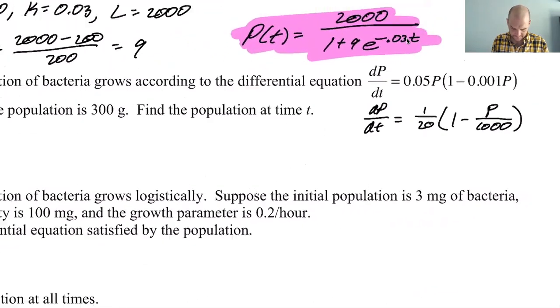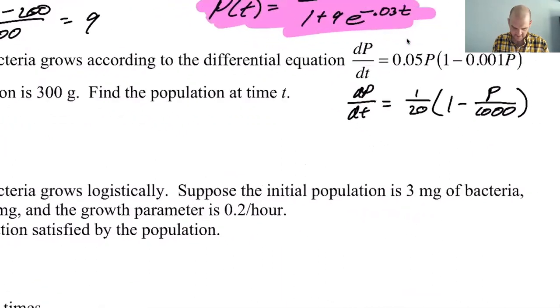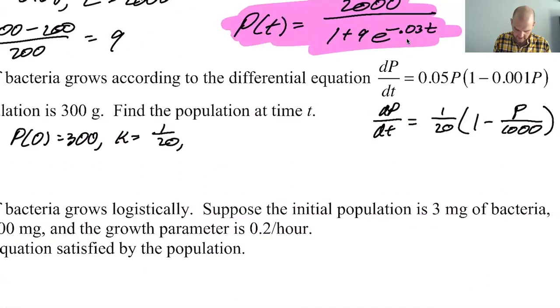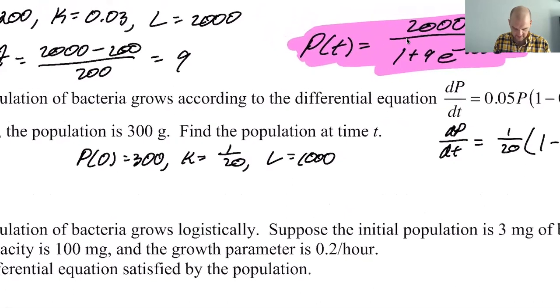So it's basically all the same information, right? We know P of 0 is 300. We know that K is 1 over 20. And we know that L is going to be 1000. So we have to calculate A. It turns out maybe calculating A is the hardest part of this. So it's 1000 minus 300 over 300.